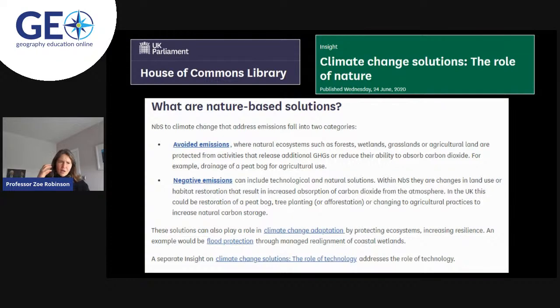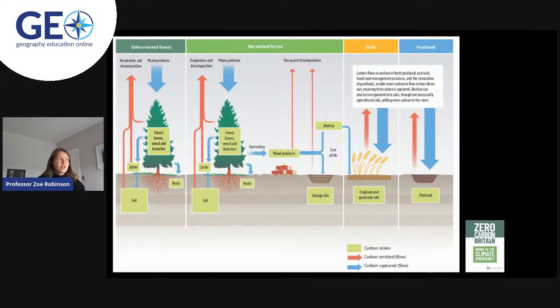What for me is really exciting is, as a geographer and an environmental scientist, there is a really clear role for the physical, the environmental side of our subject to play a really important role in these solutions, through trying to understand the science behind how to make sure that our natural ecosystems best contribute to our zero carbon future.